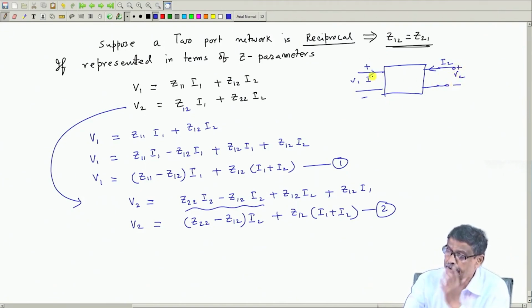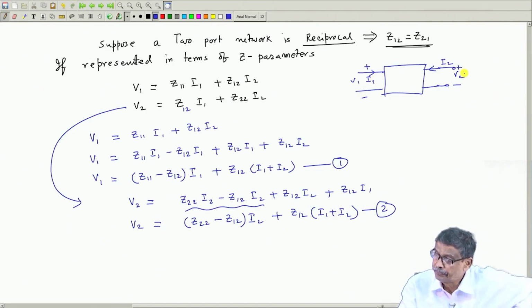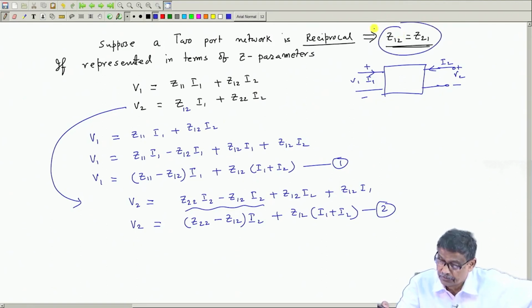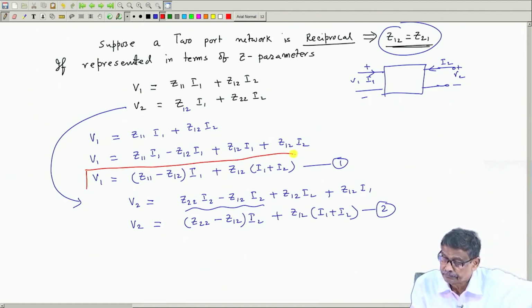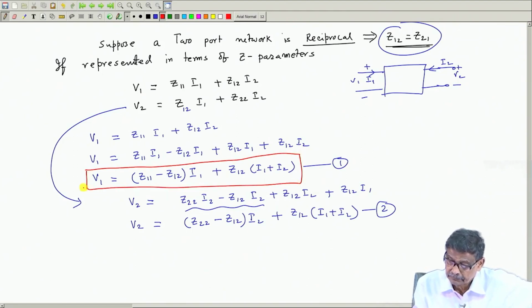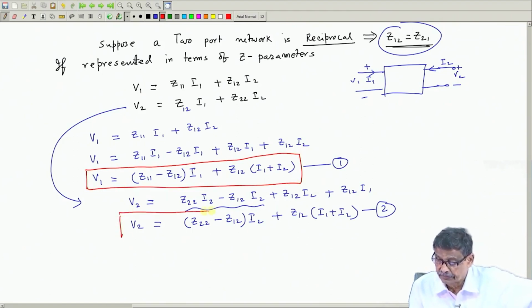That is fine, V1 I1, V2 I2. Now I find out the parameters, and I am told that it is a reciprocal network. So, in that case Z12 must be equal to Z21. Therefore, this basic equation can be written like this, I highlight these two equations, this equation and this equation.